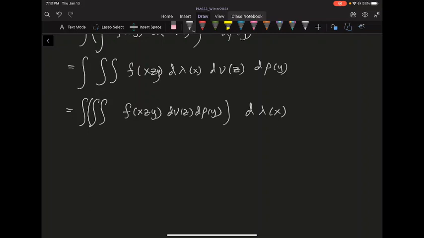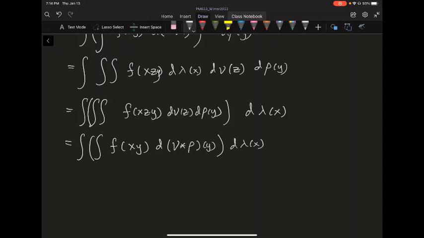So now what you have is that the middle one now becomes the integral of f of x and y, where the z and y will merge together. Let's call it y again. So f of xy, d of the convolution of nu and rho, evaluated at y, okay? And then you do the d lambda of x.